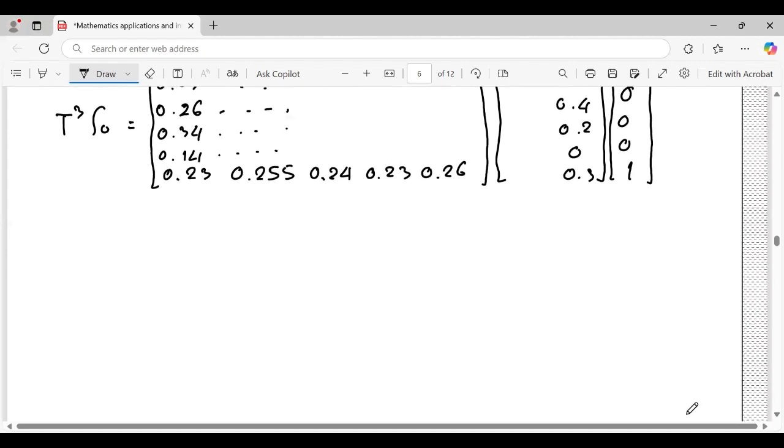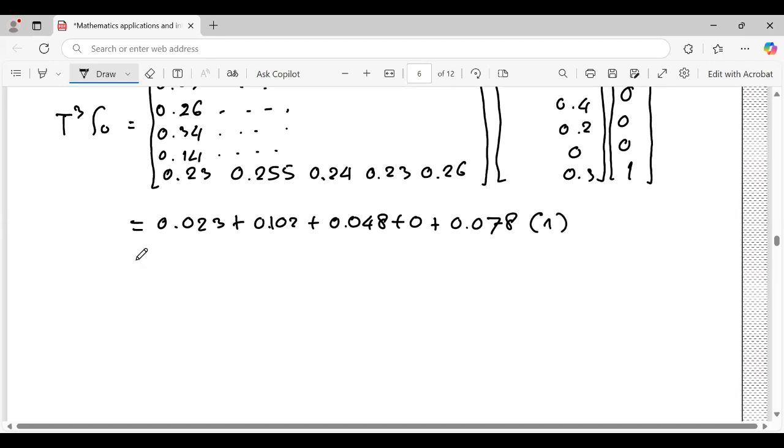Okay, so if you calculate, the result is 0.102 plus 0.048, 0.078 times 1, because this one is the state matrix, and the result is 0.251.